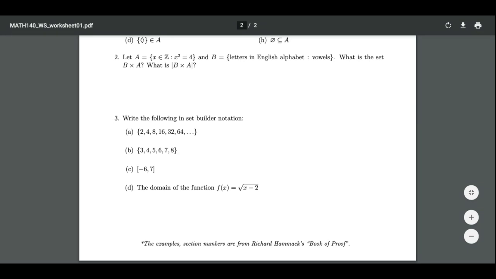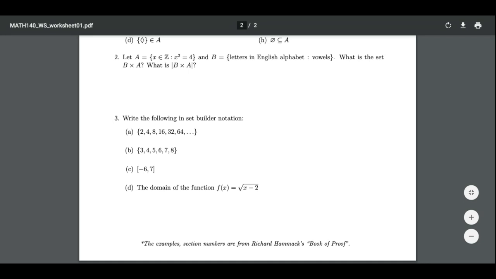Perfect. Let's see if this doesn't make sense for anybody. So A, let me write this. A has 2 members, negative 2 and 2. And B has, oh, there's only one mistake in Lino's.